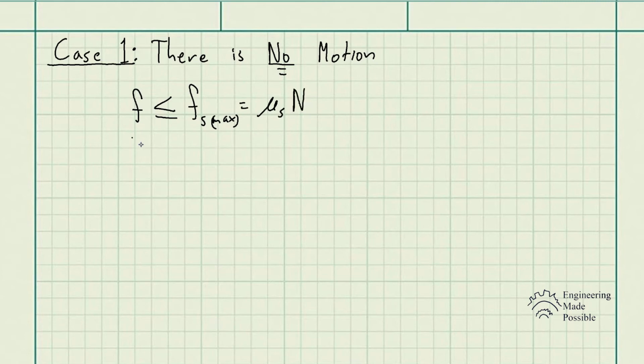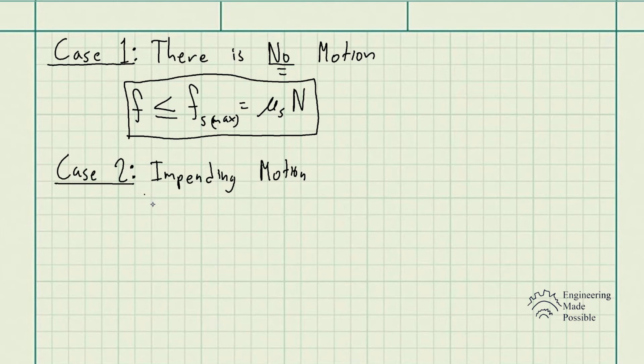So this is case one, where the friction that we solved for is less than the static frictional force. For case two, there is impending motion. That means that the frictional force that we found is exactly equal to the coefficient of static friction times that normal force.